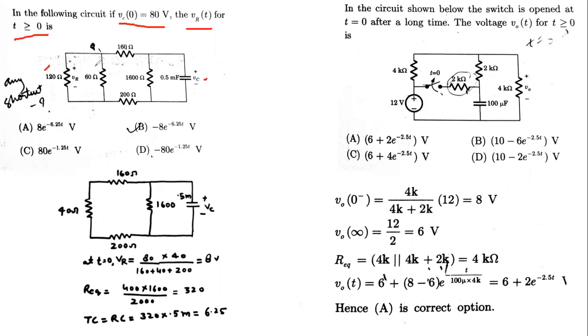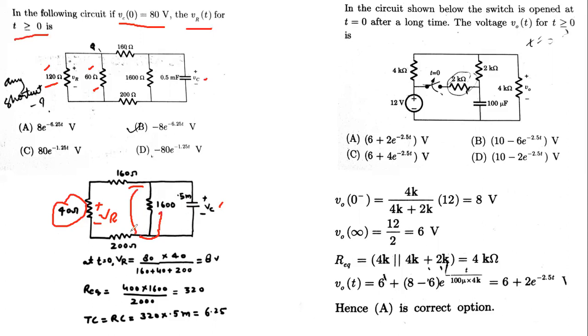If we take 120 and 60 in parallel, because both are connected in parallel, we replace these resistances, and this is equivalent to 40 ohm, because 120 into 60 divided by 120 plus 60 gives 40 ohm, and the voltage across this is VR. Okay, so at t equal to 0 the voltage across the capacitor is 80 volt, and this is the same in this path because that path is in parallel.